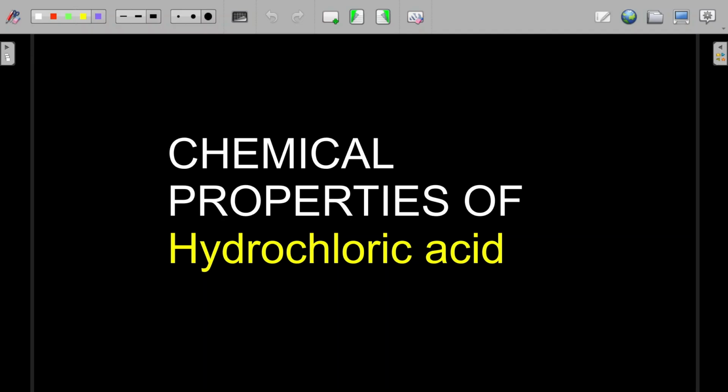Coming to chemical properties of hydrochloric acid, whatever we have learnt in acids, bases and salts, all the general equations, if you remember. Just for your understanding, once again I'm giving them here. Acid reacts with a base to give salt and water.